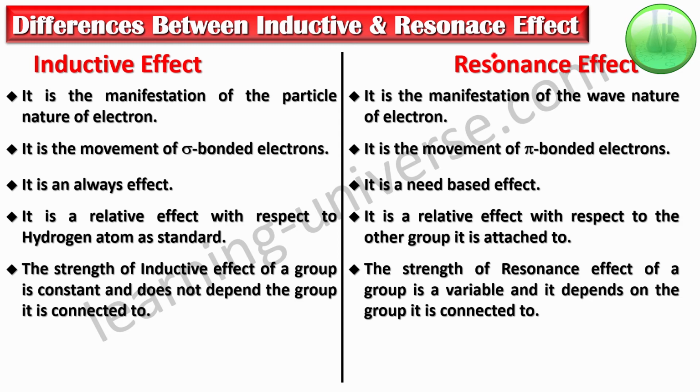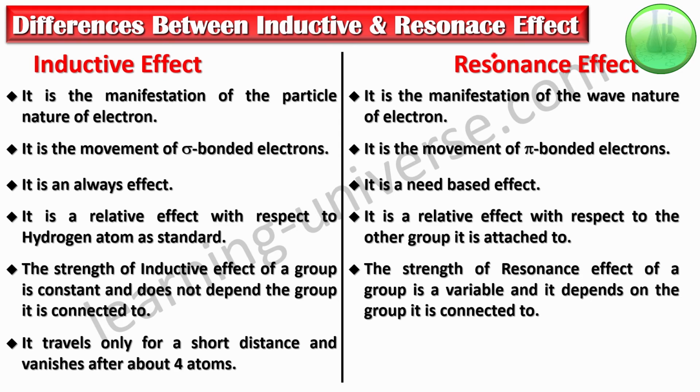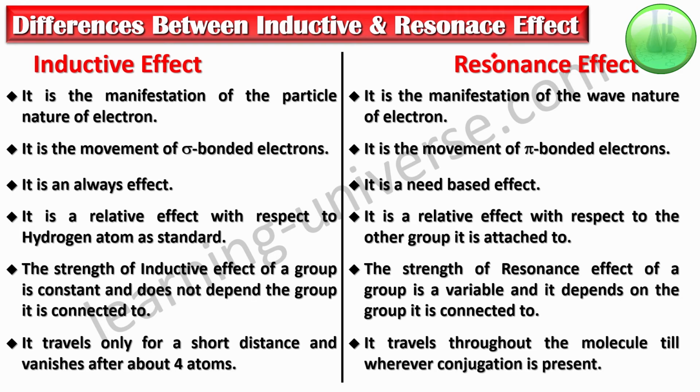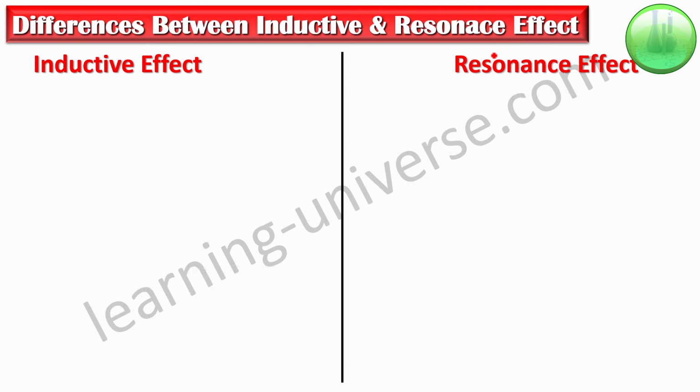So if the group really wants electrons and this can give, it will give. If it doesn't want that much, it won't give that much, the resonance effect decreases. And inductive travels only for a short distance. After 3 or 4, or perhaps 4 and 5 atoms, it vanishes. Resonance travels as long as conjugation is present. And finally, inductive is a real effect.